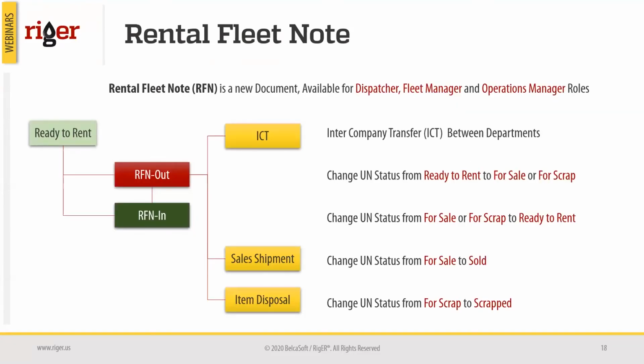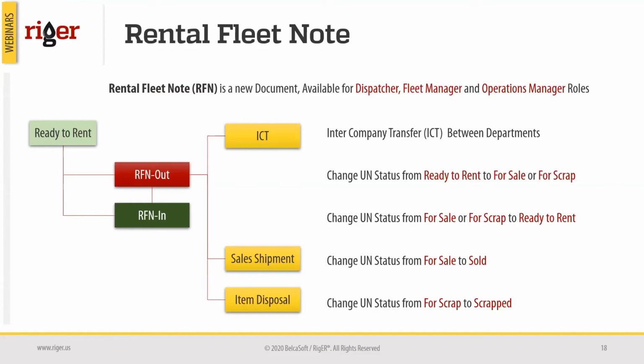To do that, we have a rental fleet note, a new document available for dispatcher, fleet manager, and operation manager roles. This document will convert the rental unit from status ready to rent to a particular status for sale or for scrap. It works in the following procedure.